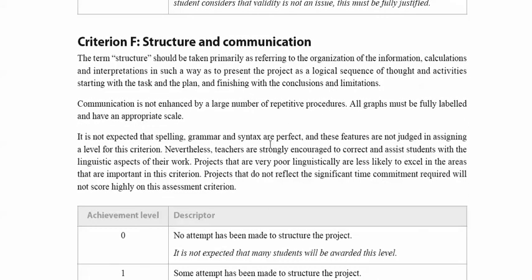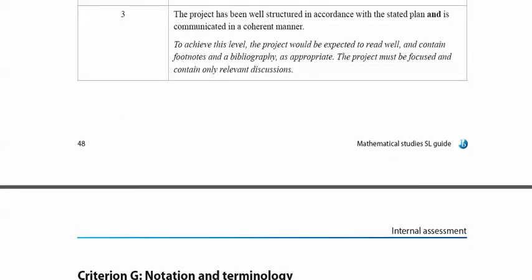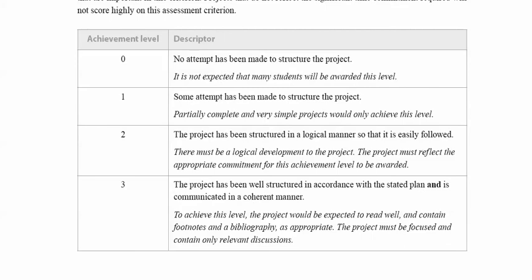Right. Criteria 4 is to do with the structure. Okay, it's worth a maximum of 3 marks. Okay, structure and communication. Now, your project needs to be complete, obviously, so everything you said at the beginning in your introduction you must finish. Okay.